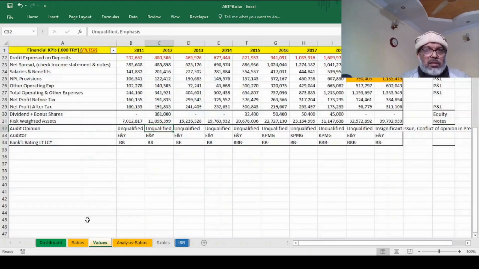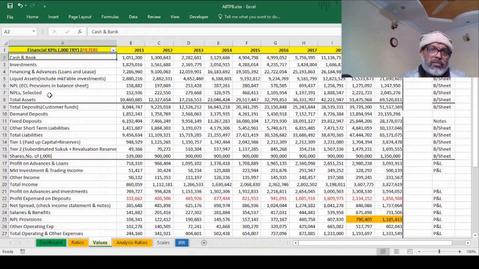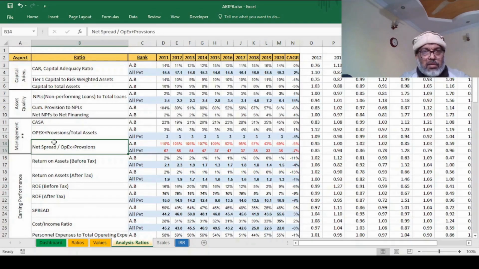The next are the raw values from which these ratios were calculated. These values were extracted from the 10 years balance sheet. You can see from 2011 to 2020. And there is another form of table which was specially designed for this bank on the client's instruction.